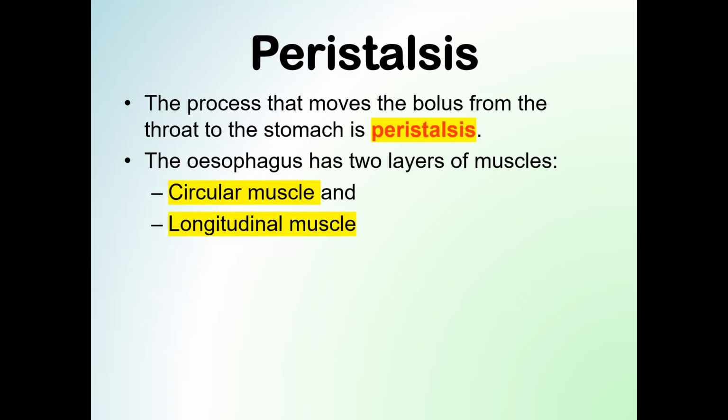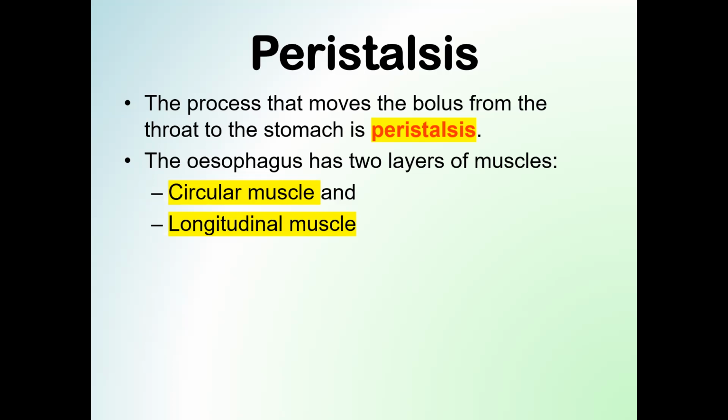So they work together. The circular muscle squeezes, the longitudinal one pulls down, and the next set of circular muscles contract, and the next one, the next one, the next one. So the whole thing is like you take this pencil, for example, say it's a rubber tube, and with your finger, squeeze it down.